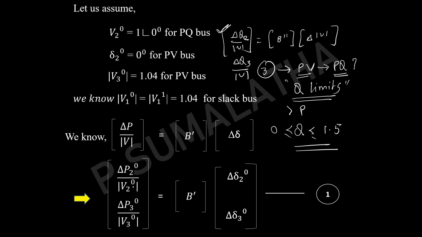Why? Because we don't have any Q value there, whether it is a PV bus or a PQ bus; you need to find it for both the second bus and the third bus. But in this equation, if you consider the third bus as a PQ bus, one more term will be added, that is delta Q3 by mod V. Otherwise, you can proceed with the problem with this equation itself.